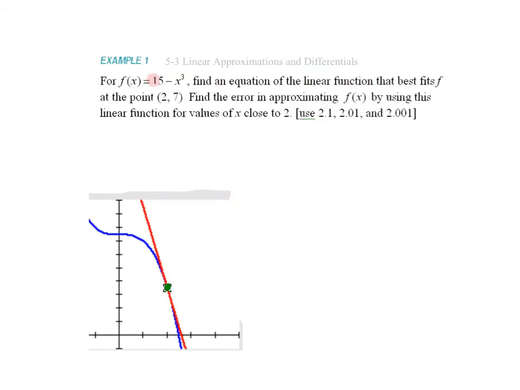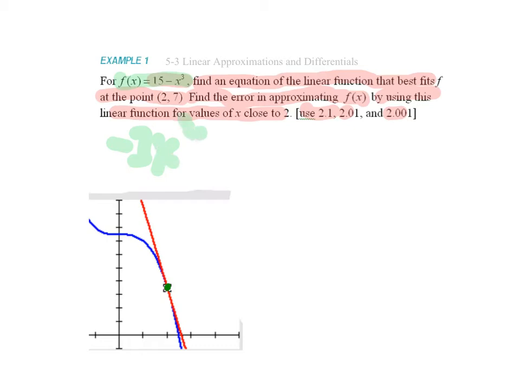So, for f of x equals 15 minus x cubed, find the equation of a linear function that best fits f at the point (2, 7). Find the error in approximating f of x by using this linear function for values of x close to 2. From the previous thing we just looked at, I'm going to take this equation and take the slope of it, so we get negative 3x squared.